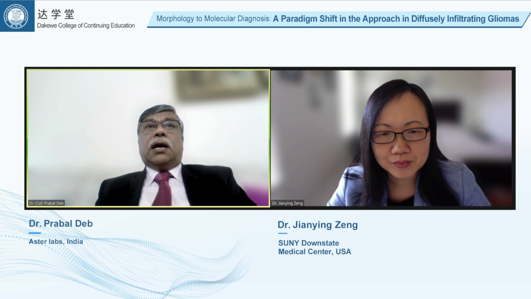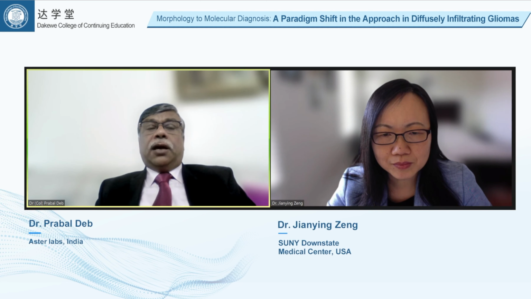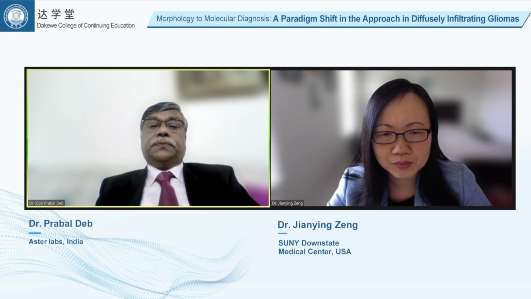Then if it turns out to be a high-grade glioma or GBM, going for an MGMT analysis is definitely to be done. And in cases where it is not matching the clinical suspicion or clinical radiological profile in a tumor board, it is recommended to go for profiling.